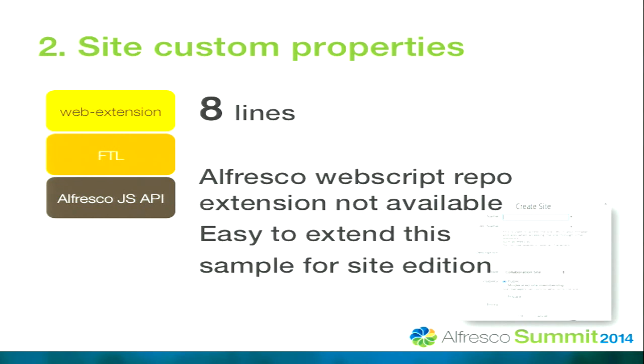This type, site type. You declare a new site preset, maybe associated to an aspect or a new type for that site. You can select your site type here, and then you can apply one policy or web script or the other, or whatever you want. There should be a way.